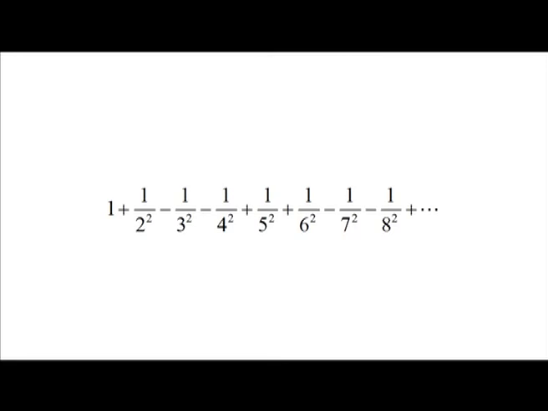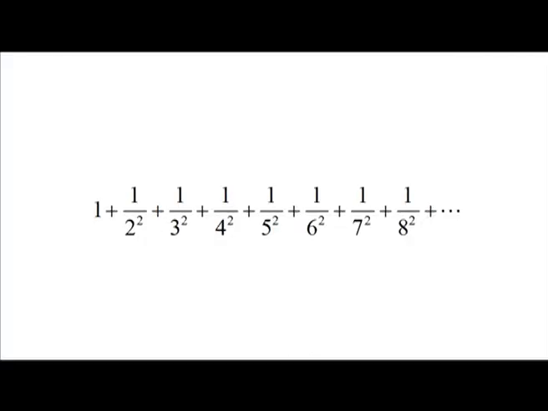We test whether the series 1 plus 1 upon 2 square minus 1 upon 3 square minus 1 upon 4 square plus 1 upon 5 square plus 1 upon 6 square minus 1 upon 7 square minus 1 upon 8 square plus etc. is absolutely convergent or not. Does the series converge?